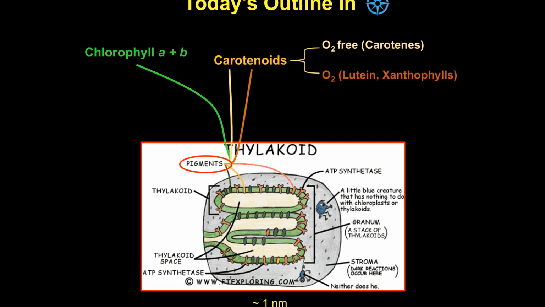There are carotenoid pigments that are oxygen-free, the carotenes, and then there are carotenoid pigments that have oxygen in them, such as the lutein and the xanthophylls. Again, chlorophyll A, B are used to drive photosynthesis, and what we're going to be talking about today are the carotenoid pigments called the xanthophylls, and they serve a purpose called photoprotection.